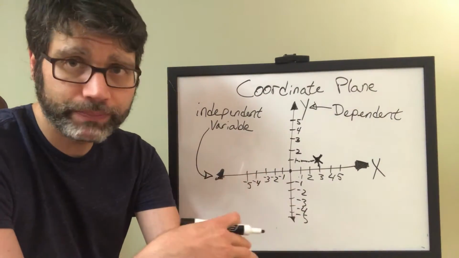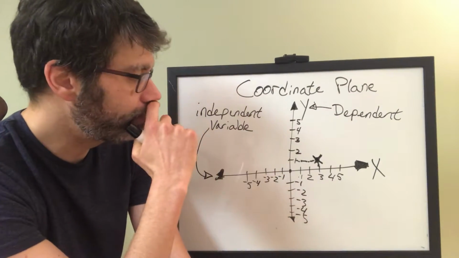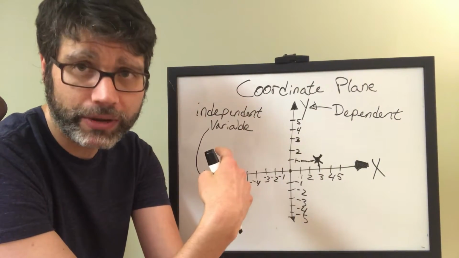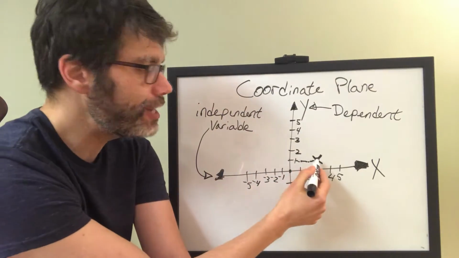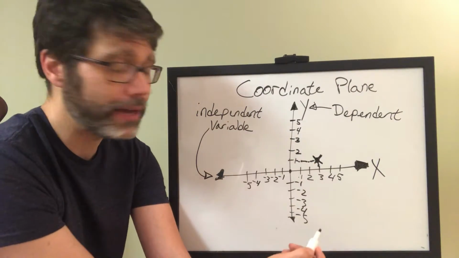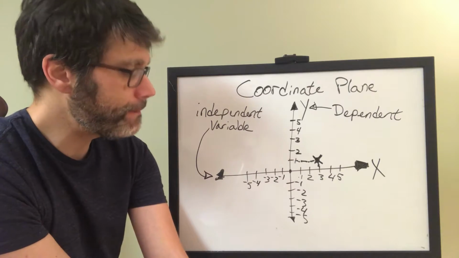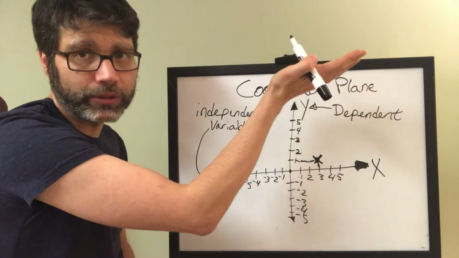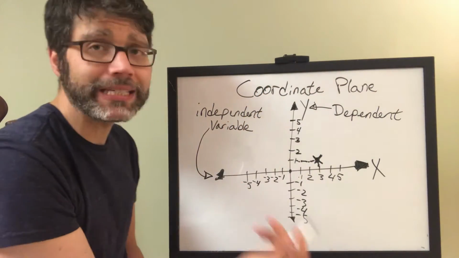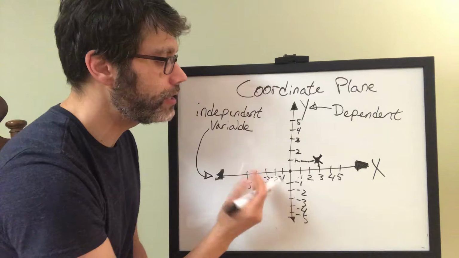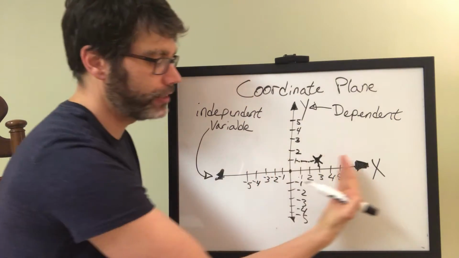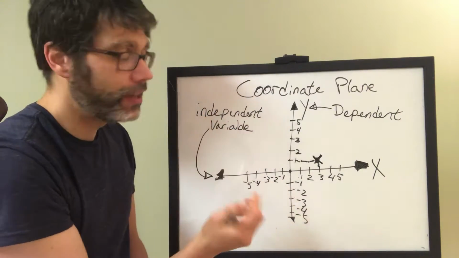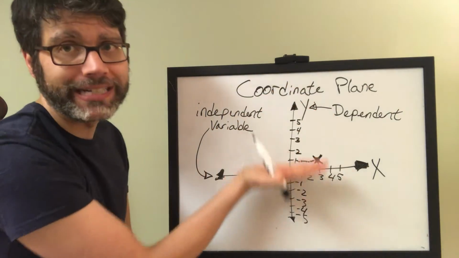Let's say we have two people and they're both looking at a map and they're trying to describe it to each other, okay? So if they're describing a location, you could think of this as location on a map. We need to be able to figure out how much this way we're talking about and how much this way we're talking about. What we've decided is that we're always going to think about how much to the right or to the left we're going first, and then, secondly, we're going to talk about how much up or down we are going.